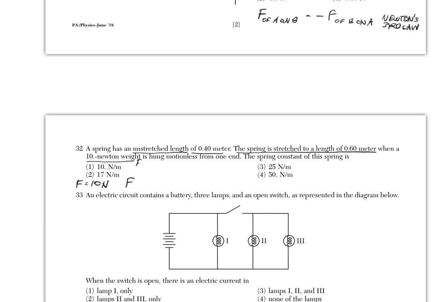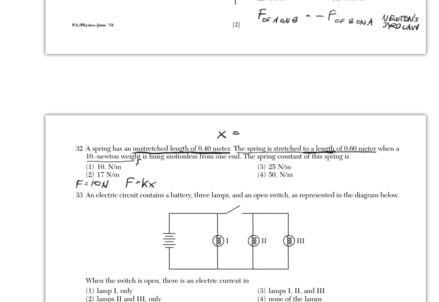So I'm going to use F equals kx and solve for k. And the x, of course, the spring is stretched to a length of 0.6 meters, so the stretch is 0.6 meters. No, it's not. Read the question carefully. The unstretched length is 0.4 meters. So we start at 0.4 and then we go to a total length of 0.6 meters.